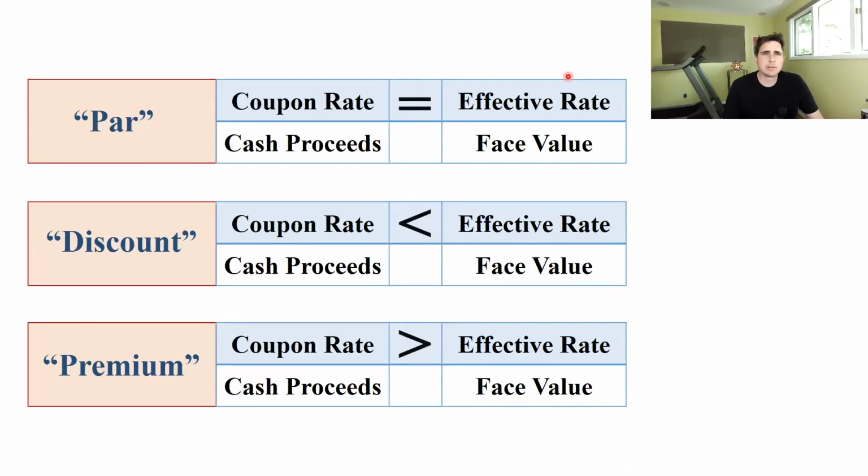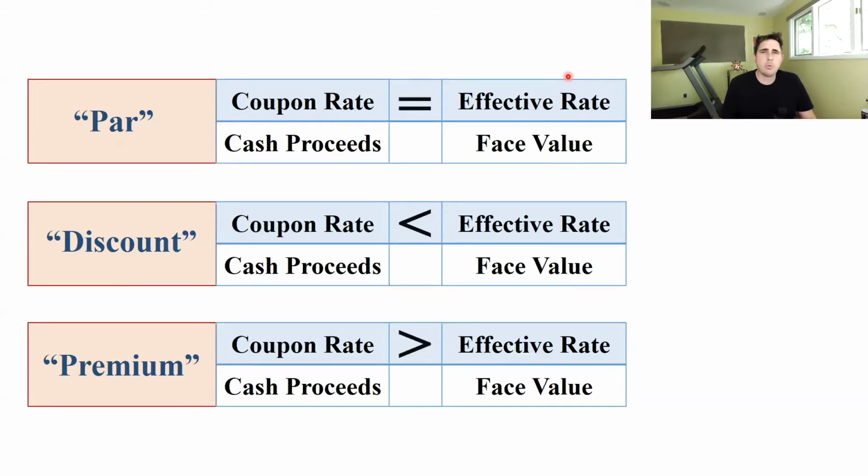The effective rate is a little different. The effective rate is what the investor needs for their rate of return to invest in this company. So if I'm going to lend money to a company, I'm going to require a certain rate of return. That's what the effective rate is. And these can be compared to one another because they're both expressed in percentage terms.